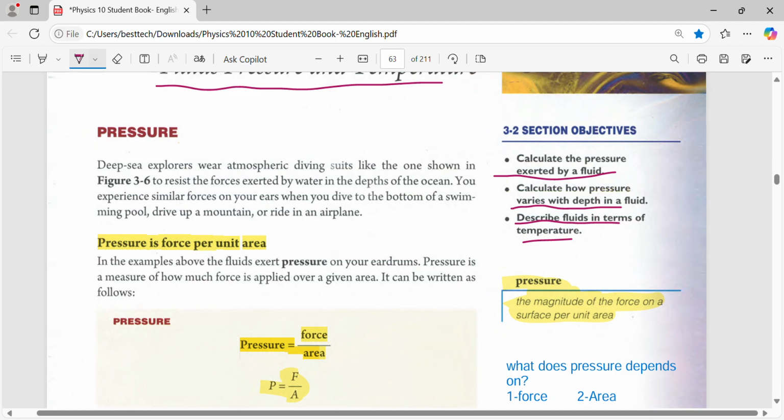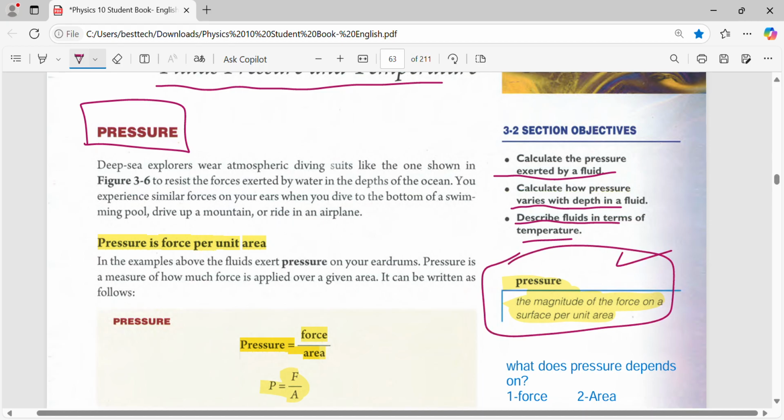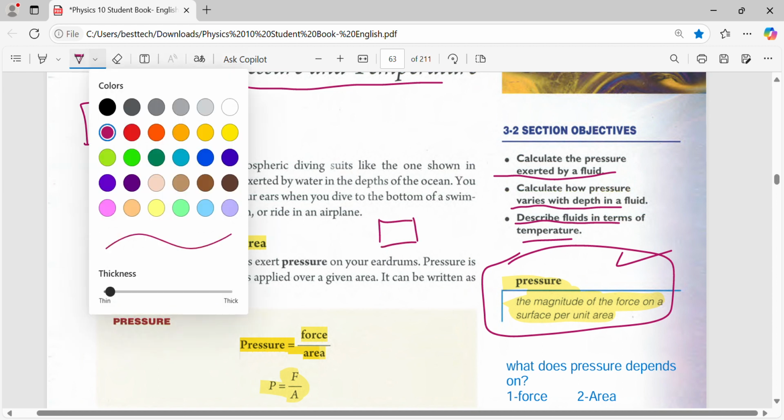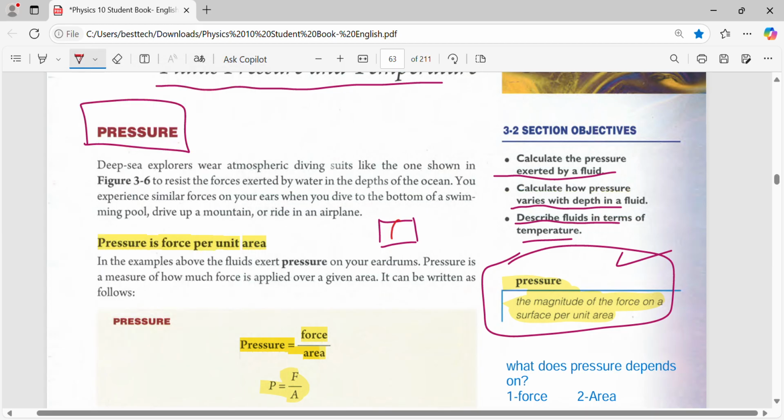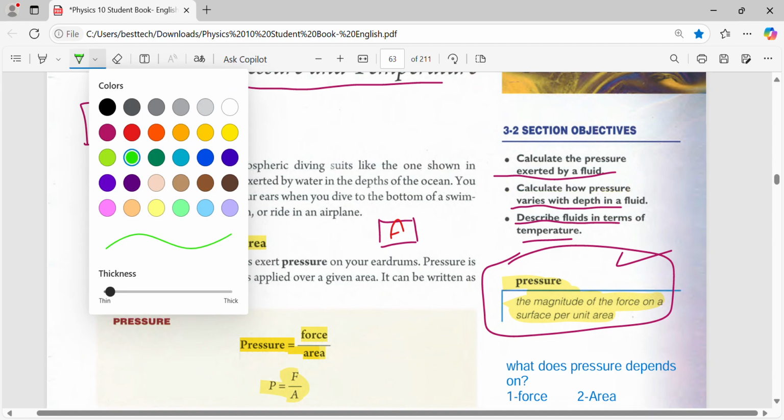First we have pressure in physics. What is pressure in physics? We have this definition: pressure is the magnitude of the force on a surface per unit area. Let me tell you briefly what pressure means. We have a small area on any object, for example any space. I would like to apply force on this area.